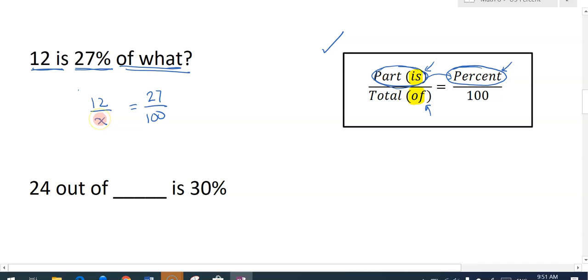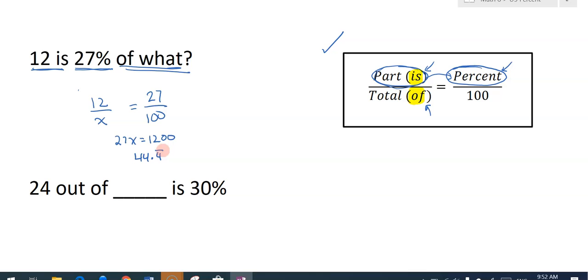Do the same thing. We could cross multiply. We could go X times 27 equals 12 times 100. Divide both sides by 27. And we would get 44.4 repeater, or 44 and 4/9 is the total, right?